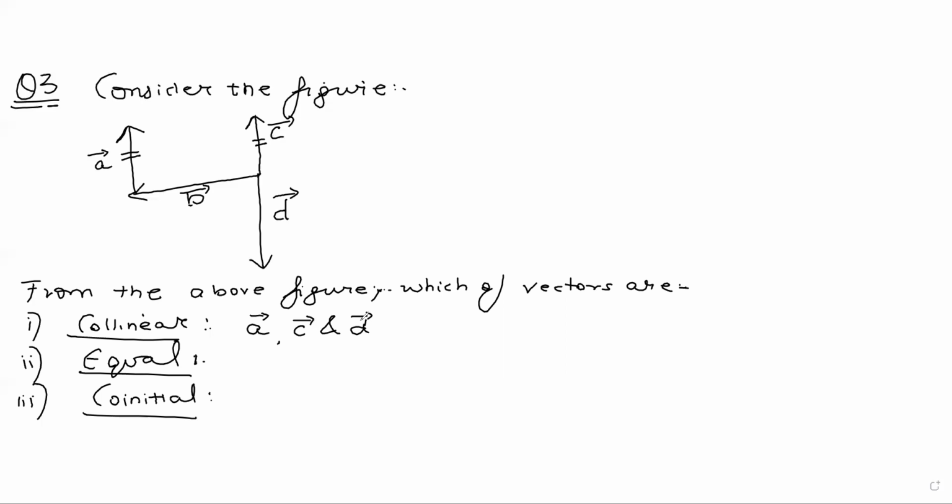And vectors C and D are lying on the same line. So all three are collinear.